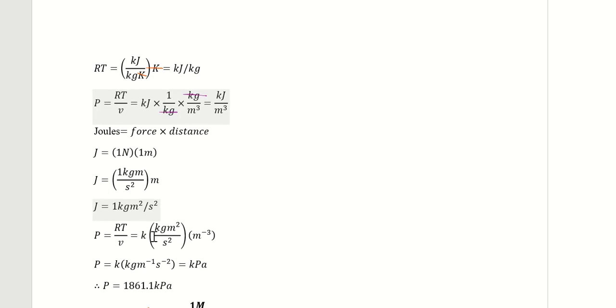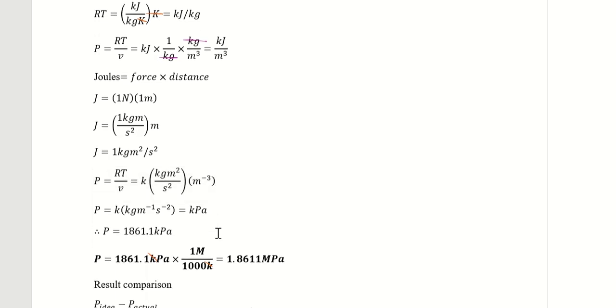But remember, we have kilojoules per meter cubed, and this was just for the joules. So we substitute this for the joules: kilo times this, multiplied by per meter cubed.